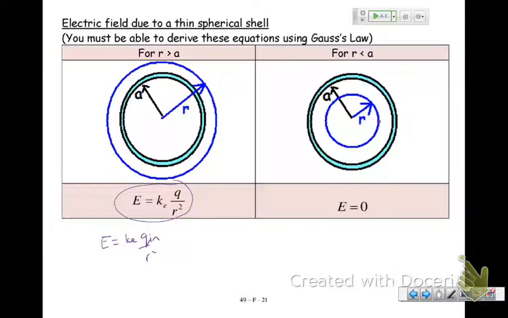Now, in truth, I might ask you conceptually about the electric field inside bin 0, but if I'm going to have a string to my bow, I'd sooner ask you something that's a bit more involved for Gauss's law. But know that on this one, the field inside is 0.